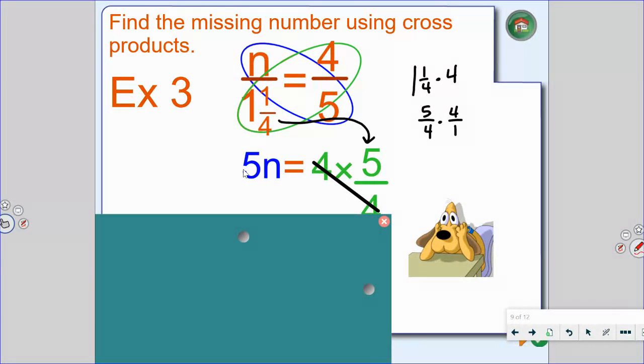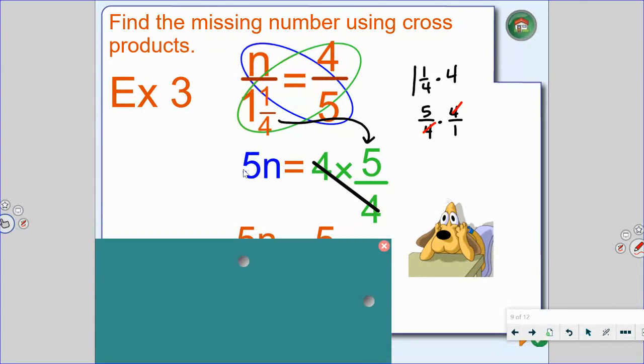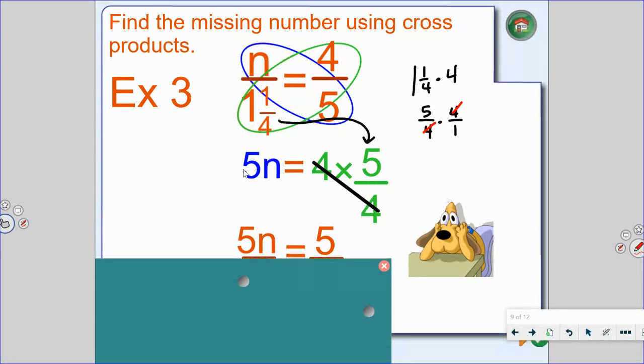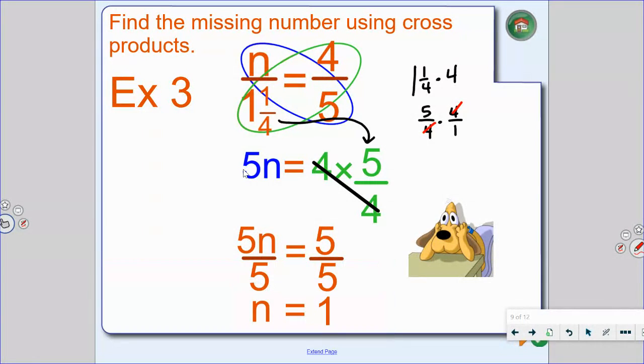Now in this case, you'll notice quite nicely as I have crossed down here that the 4's cross cancel. Well, this is interesting. 5 times some number equals 5. Gee, I wonder what that number must be. Now, if you would like, go back and notice 1 is a little bit smaller than 4, 4 is a little bit smaller than 5, and you can then see that the relationship is maintained.